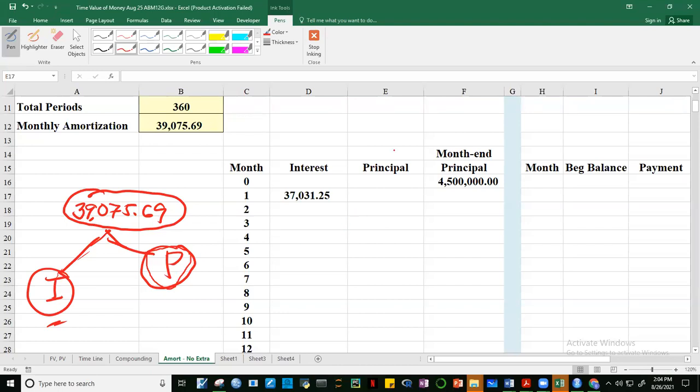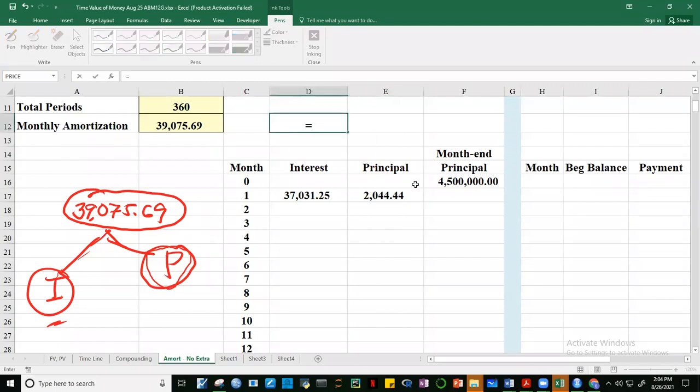So for the first month, guys, tingnan natin. So ang principal payments natin will just be, magkano yung ibabayaran natin? 39. So that should be F4. And then ima-minus natin yung interest. Okay? So ang reduction lang sa principal is 2 million at 2,000.